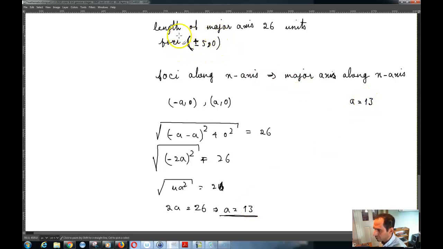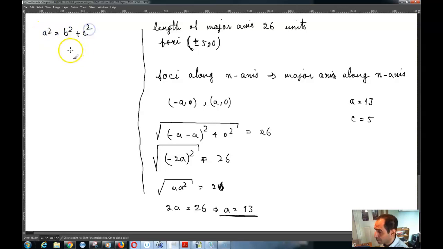Now your foci are at these 2 points, and so this is the value of your c, because your foci are c units away from the center. Now that you have all of this information, you can use a squared is equal to b squared plus c squared.